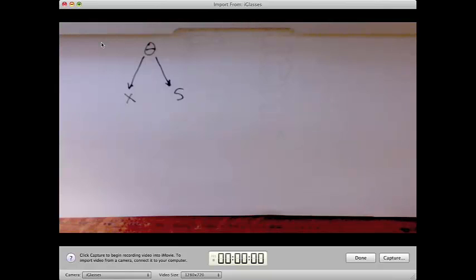Because if x and s are conditionally independent given theta, then what do we do here?